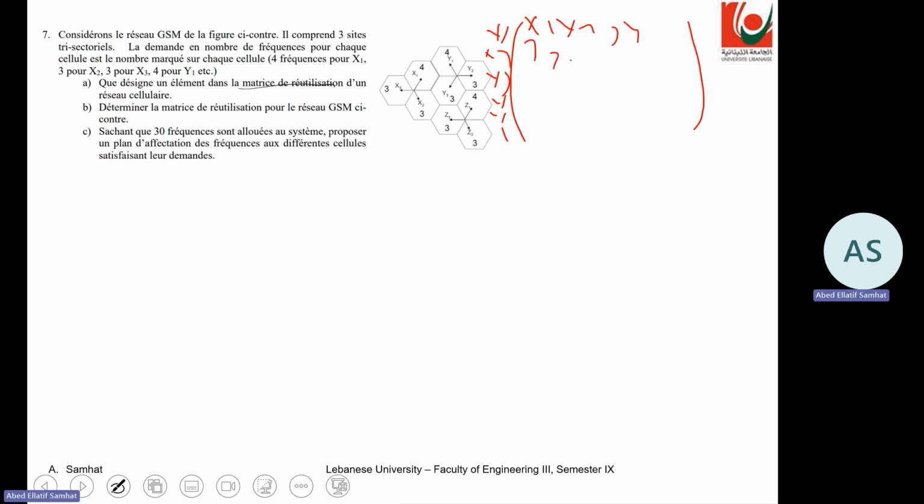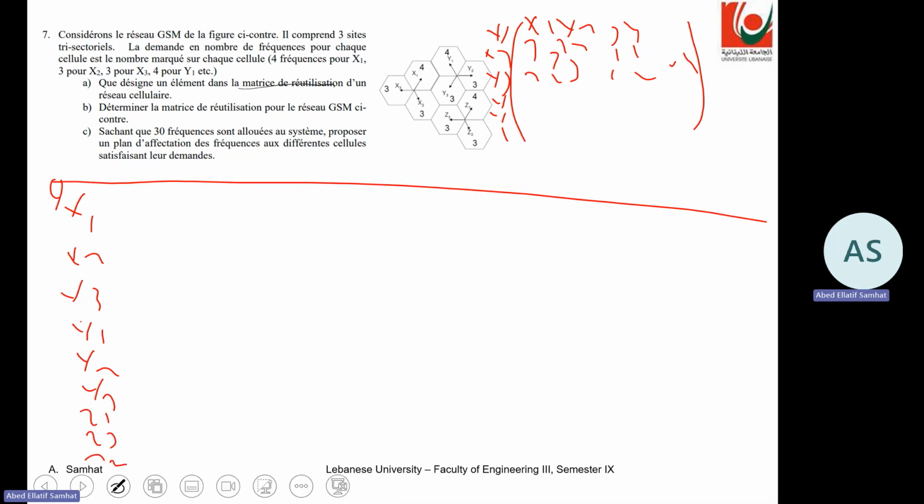It was 3, 3, 3, 2, 2, 2, 2, and 1 for all the others. So for the assignment plan, we can do it in different ways, but the essential is to respect the reuse matrix.